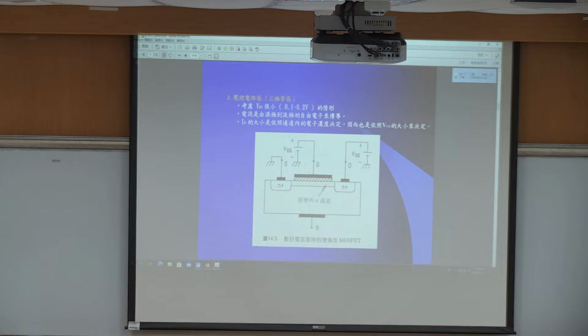The current ID is determined by the electron concentration, and also by the VGS we add on the gate port.